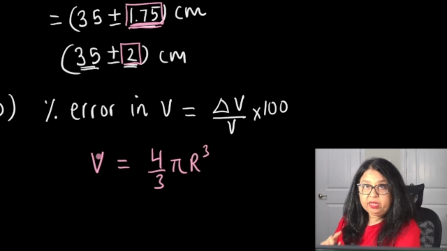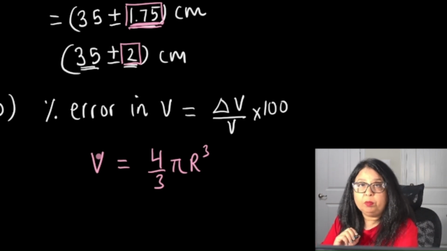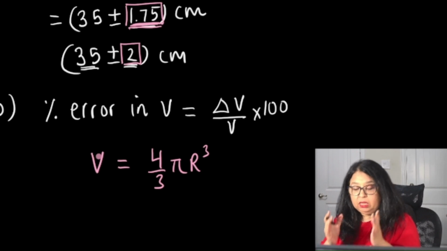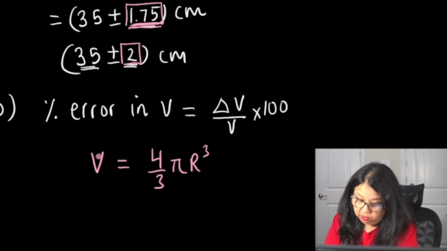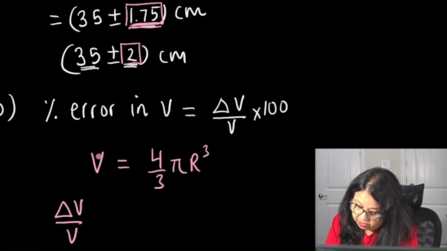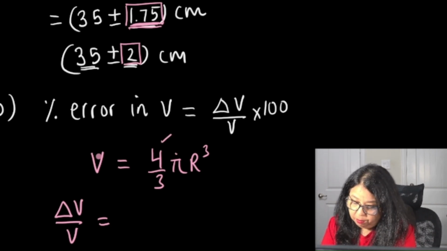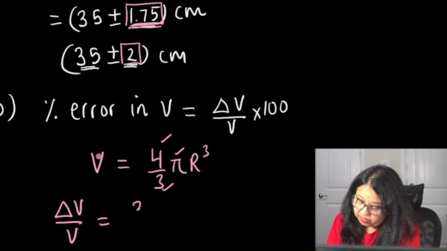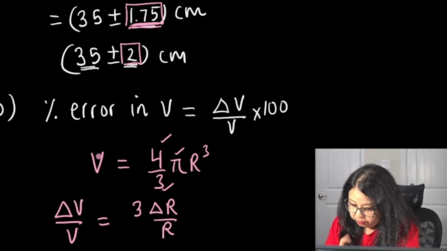Using the formula that we just learned in the previous two problems, we're going to write down the relative error in volume V, which is delta V over V equal to, on the right hand side, 4, pi, and 3. These are three constants, and there's no uncertainty in the constants. So on the right hand side, we'll get 3 times delta R over R.